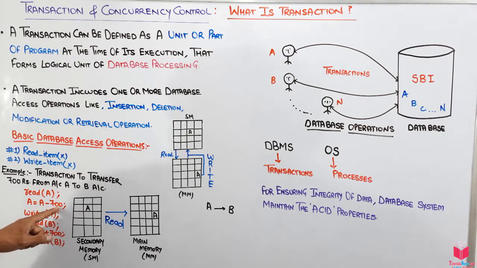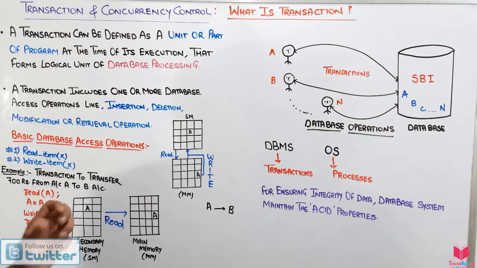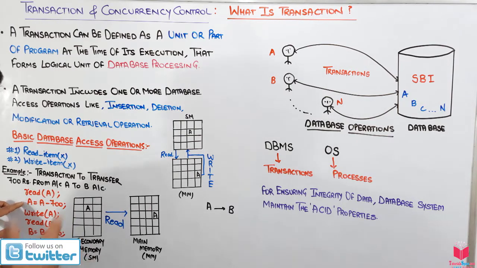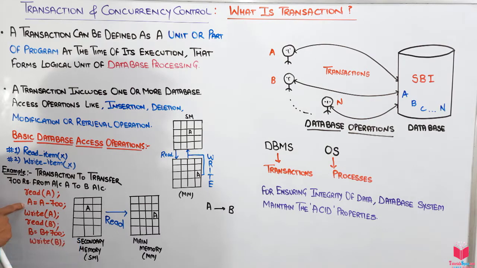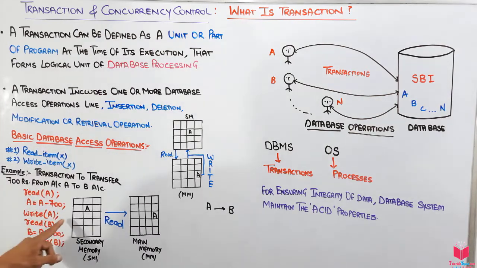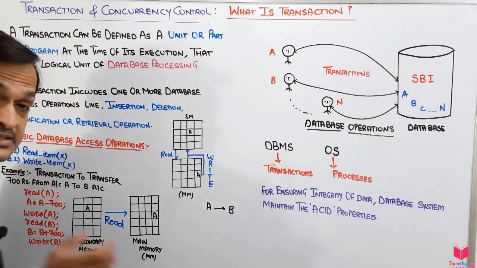So 700 will be subtracted from the account A balance, and the updated value will be stored in the variable A. After that we write A, that means we write the new value, after subtracting the 700 rupees, back to A. Then we read account B, add that 700 rupees to account B, and write the new balance back. So these are the operations of how we can do a transaction. But we will see this in detail.